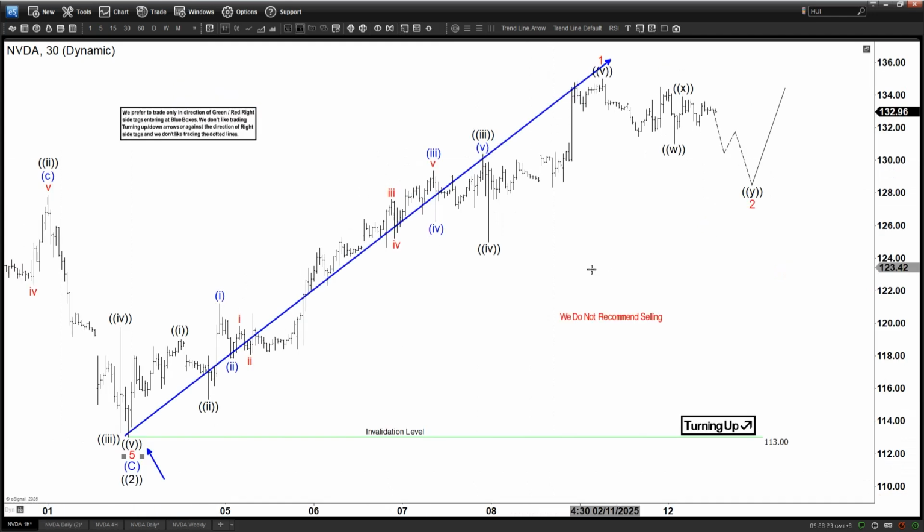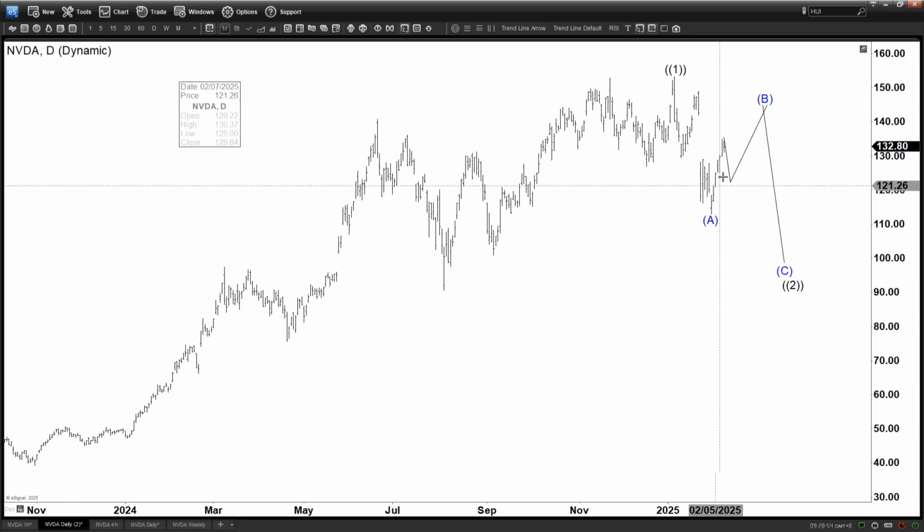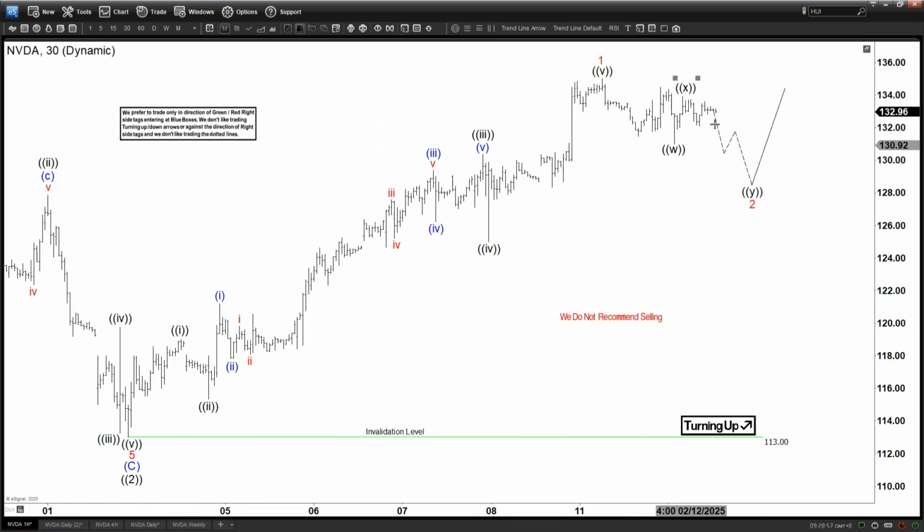But back to the shorter cycle, I think what we can focus on is the idea that this rally looks kind of impulsive, and also we can focus on this pullback here. Clearly it is corrective, right? Nobody can say this is 5 waves down. It's a clear 1, 2, 3 without any extension. So based on this structure of an impulse followed by a 3 swing, we can conclude more likely than not we're going to break higher again. Either the break higher is in the form of an ABC, or it is in the form of a new bullish leg 1, 2, 3, 4, 5, which eventually is going to go to a new high.